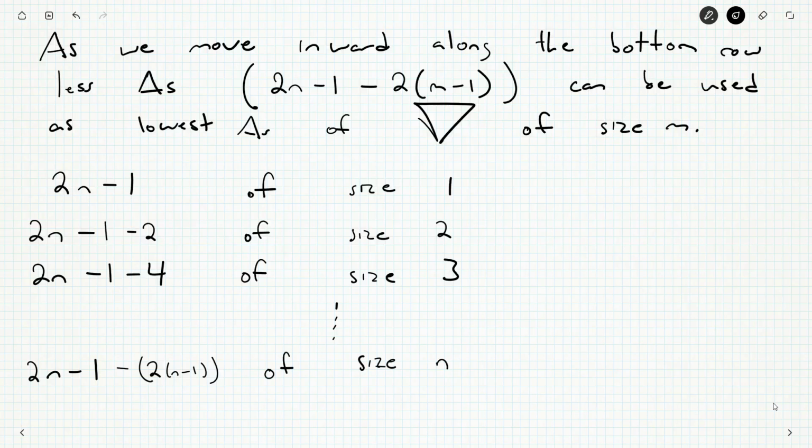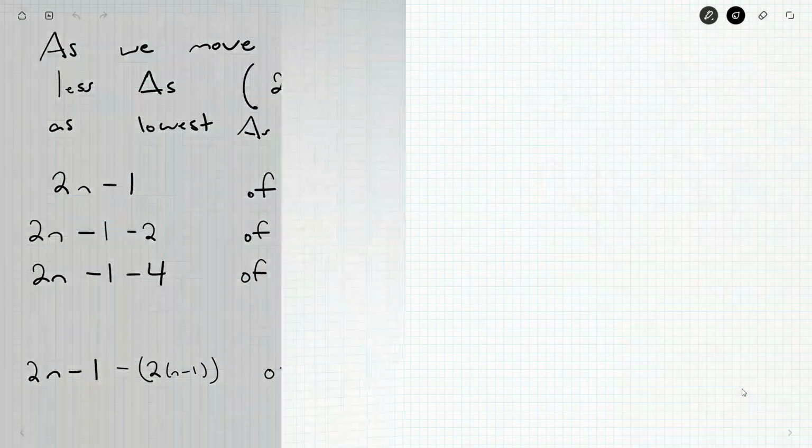Yeah, because for 6, the biggest we had was something of size 3, which is half, because we're looking at a big triangle of size 2n. So now what I need to do is add all these up. So this is 2n minus 1, this is 2n minus 3, this is 2n minus 5, all the way down to just plain old 1. Right? Is it 1 or is it... Yeah, it's just one of them. Yeah. Alright, so what I need to do is add them up.